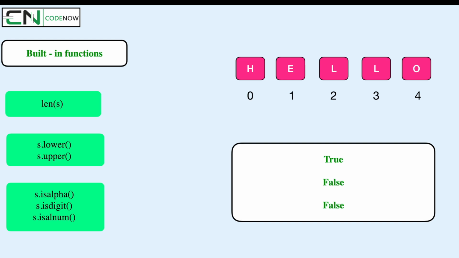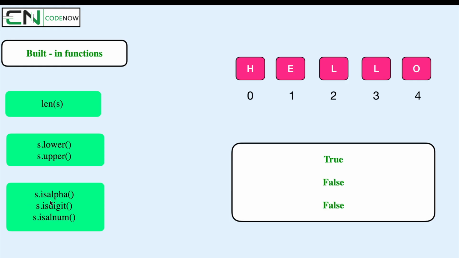The string must contain only alphabets. No digits or special characters are allowed. It only checks if the string is made up of alphabets. Here the string is containing only alphabets, therefore it will be returning true.